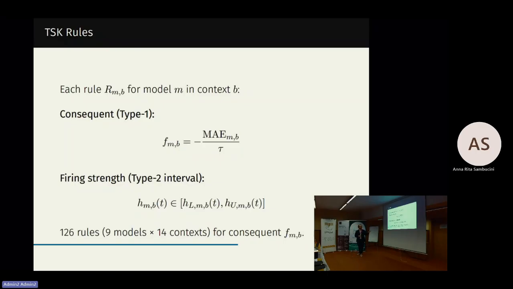Based on this, we can actually learn an inference system. We set the function that we want to optimize. In this case, we want to minimize the MAE with a scaling factor, and we have our rule sets that we can define. In this case, we have 9 models and 14 different contexts as a consequent of the function.